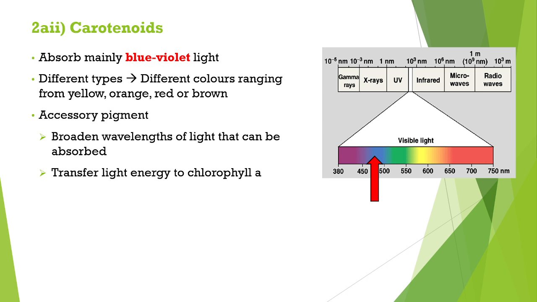They will just pass the light energy to the chlorophyll A, which is the primary pigment, which will then convert it to chemical energy, excite electrons, and drive light-dependent reactions. I'm not showing you the structure of carotenoids, so we don't need to look at how the carotenoids are inserted into the thylakoid membranes, because there are too many different types of carotenoids. So we don't go into details for the structure.